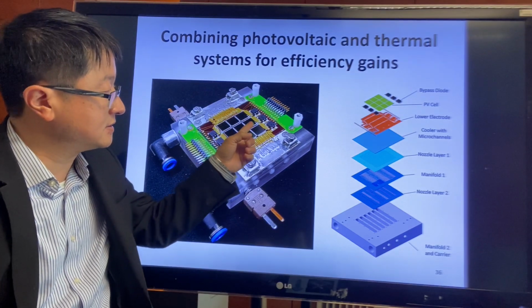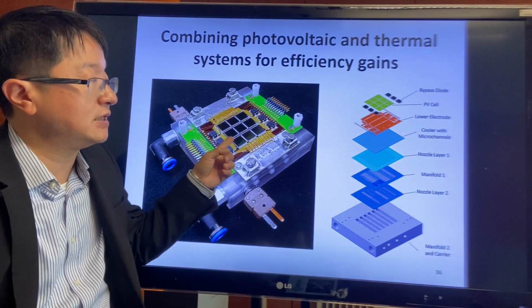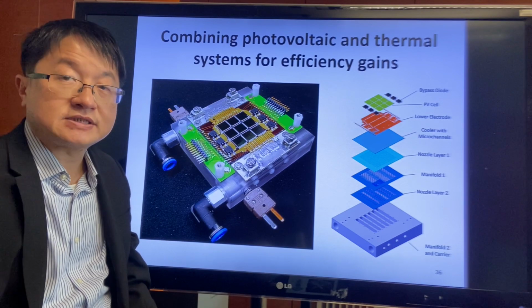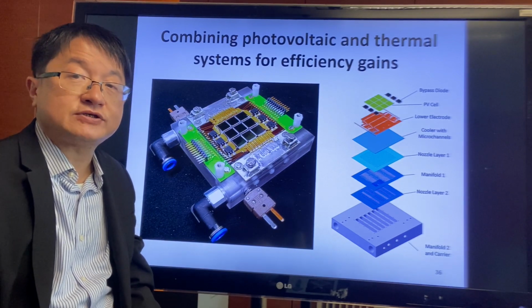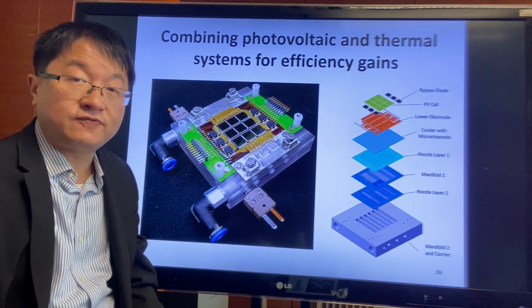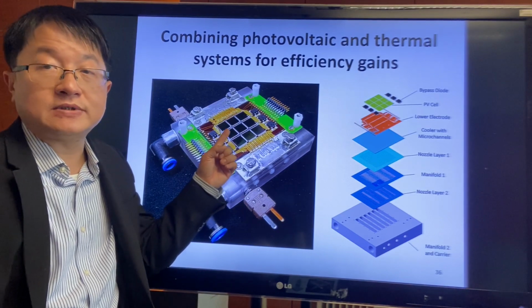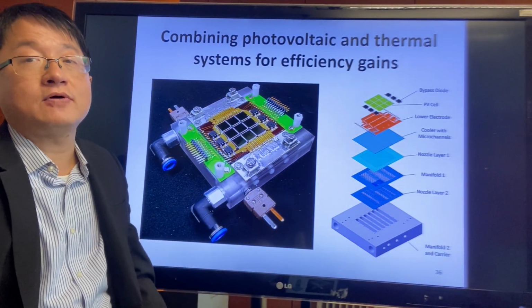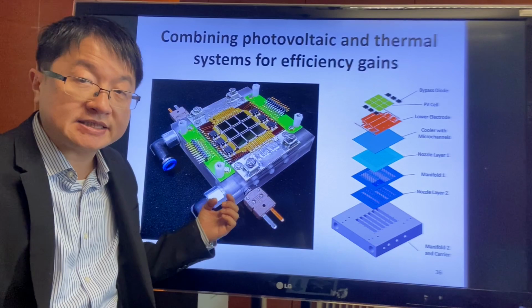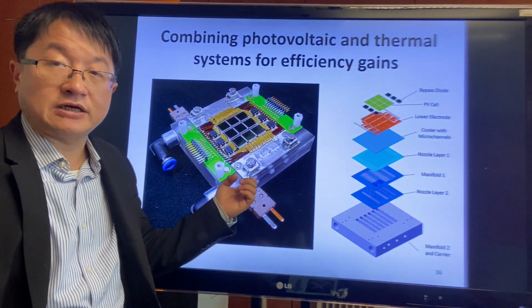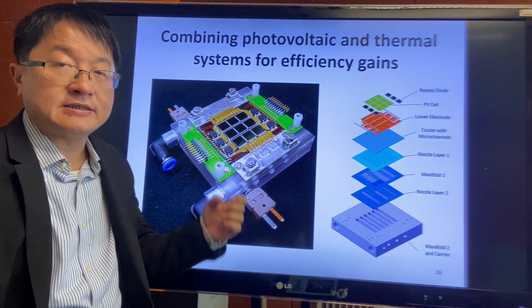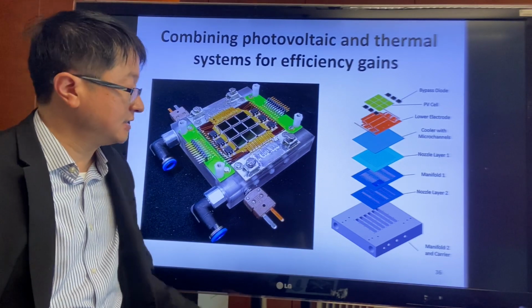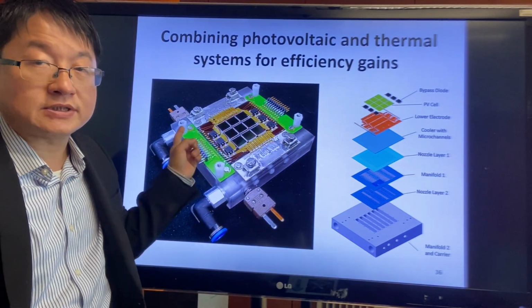The silicon cells are also installed in the middle. So this can maximize the efficiency by harvesting both solar energy into electricity, but at the same time also capture the remaining heat in the solar energy, which cannot be utilized in electric energy and turn into hot water.